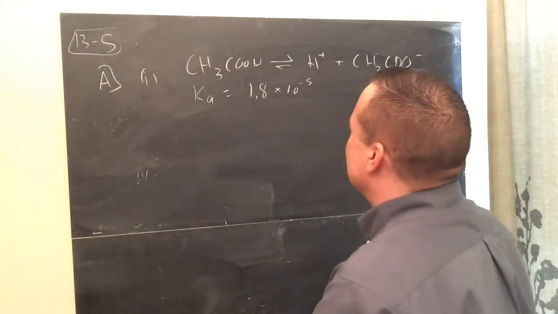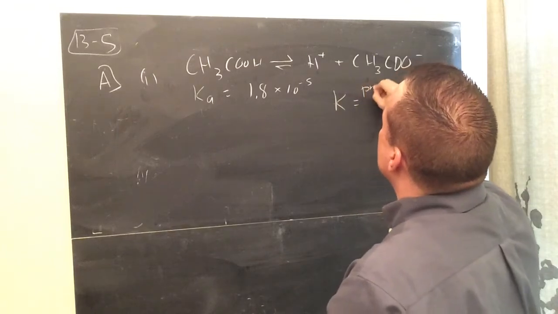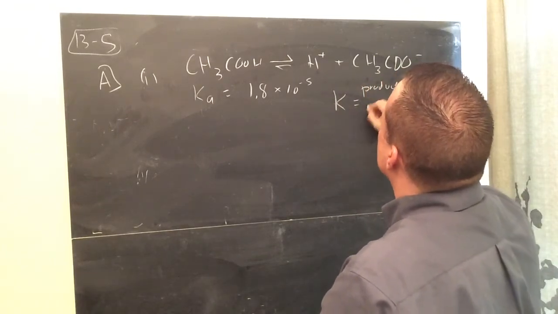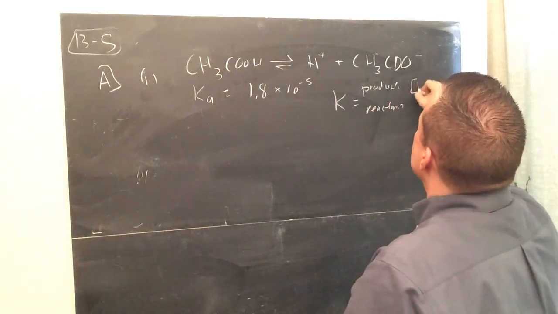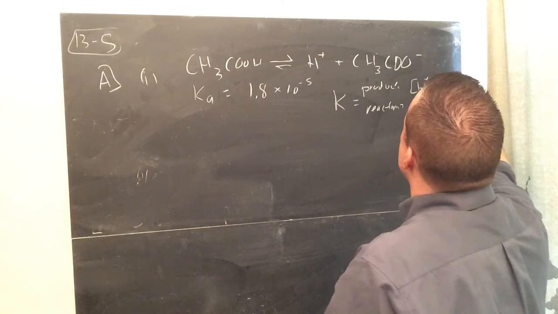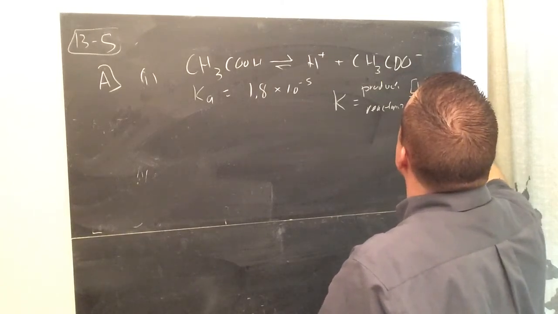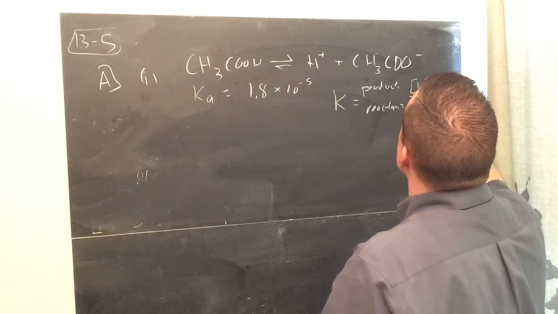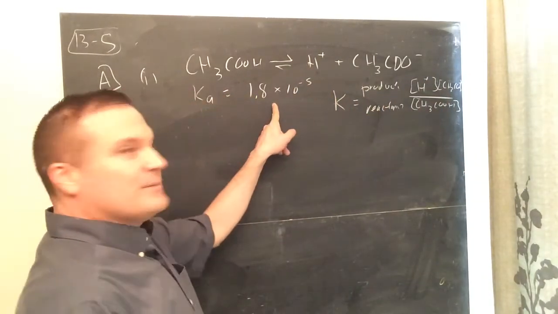And remember, whenever you write a K expression, it's always products over reactants. So it would be H plus times CH3COO minus over CH3COOH.